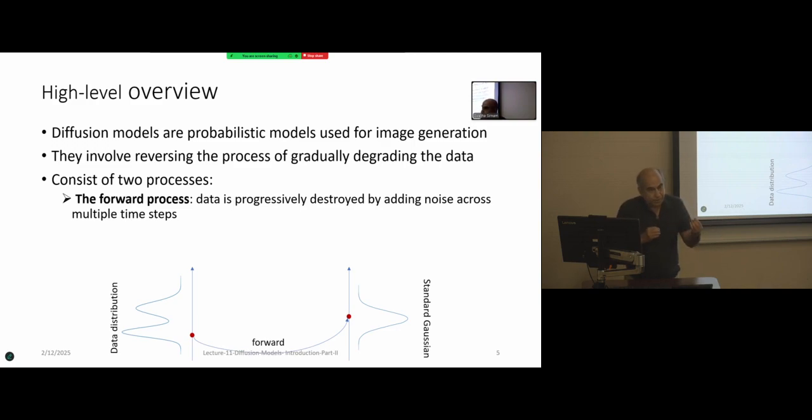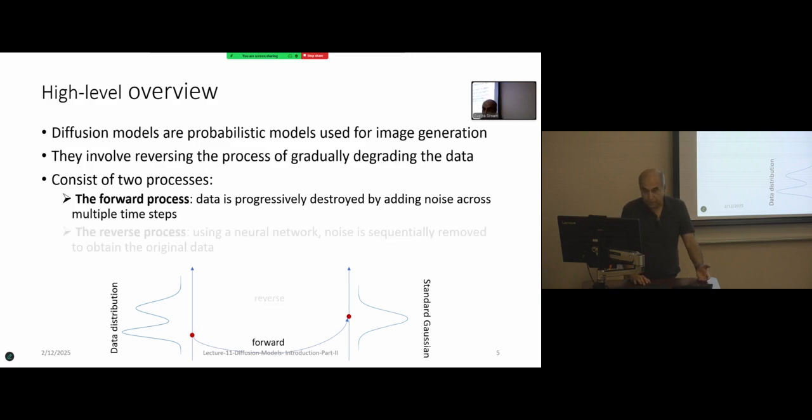So from that distribution, we pick one sample, and we go through the forward process. We keep adding noise and noise. So of course, this is a sample from the distribution of, say, CelebA, but now we want to make it a sample from the normal distribution, Gaussian distribution, zero mean and identity covariance matrix.